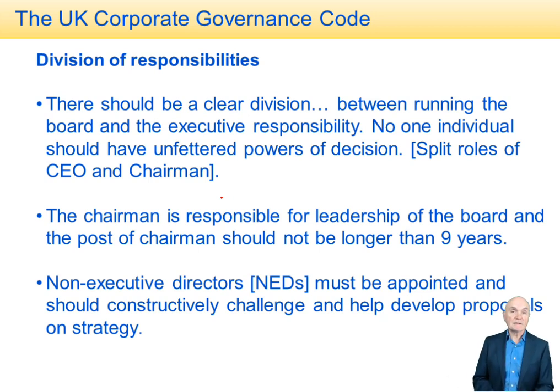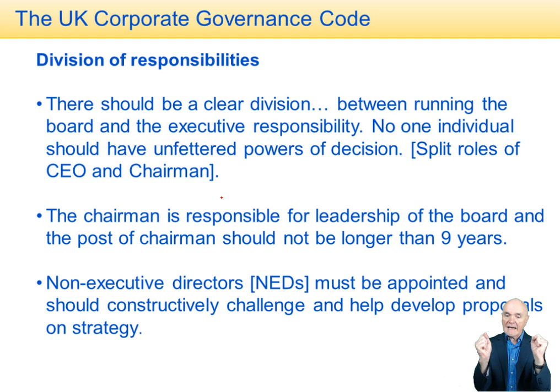Division of responsibilities. One of the problems discovered with some of these companies that went into liquidation was that you had at the top a very powerful, charismatic, perhaps almost bullying chief executive officer who had almost 100% power. Now the corporate governance codes say there should be a clear division.